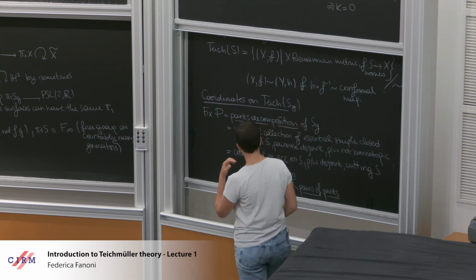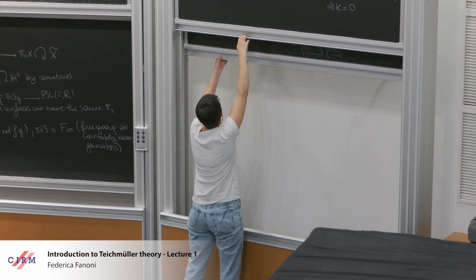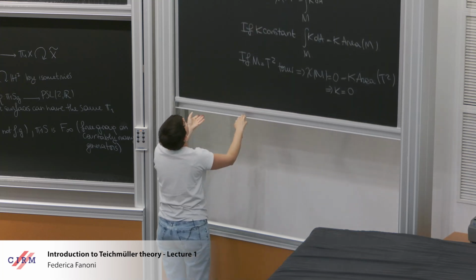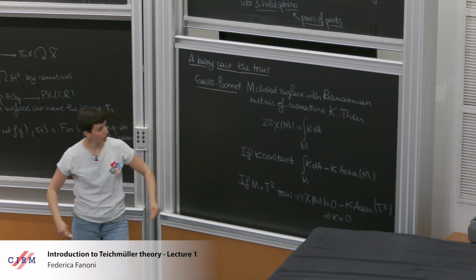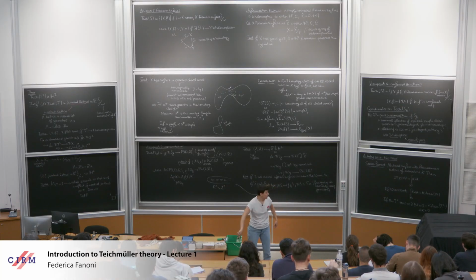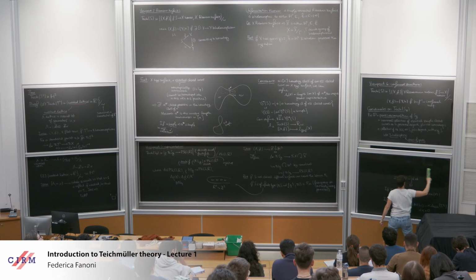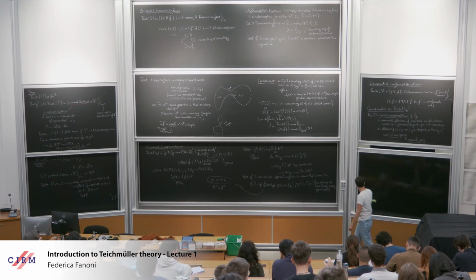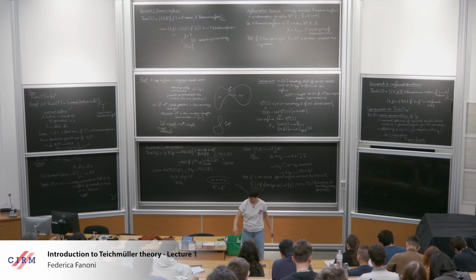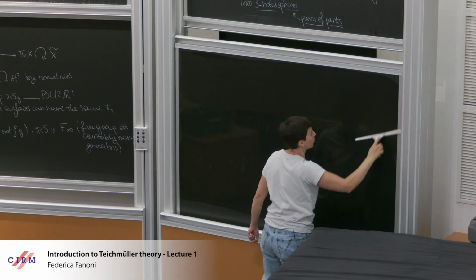And the fact is that we know how many curves we have, and we know how many pairs of pants we have. That depends on the topology. There's 3g minus 3 curves, and there's 2g minus 2 pairs of pants. So there's many pants decompositions, but we fix one.